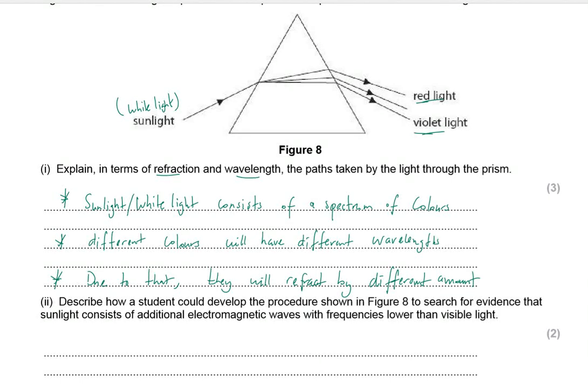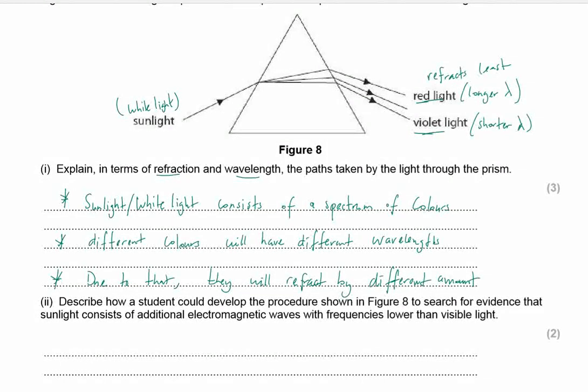So for example, this one here will have a longer wavelength. This one here will have shorter. If you remember, the symbol for wavelength is the upside down y, so shorter wavelengths. So that's why red light refracts least, that's what's on the top, because it has a longer wavelength.